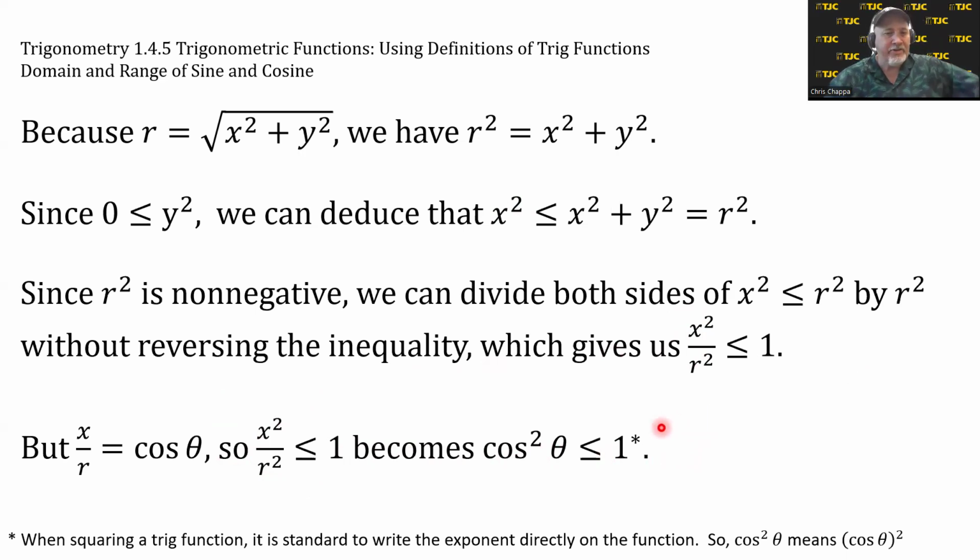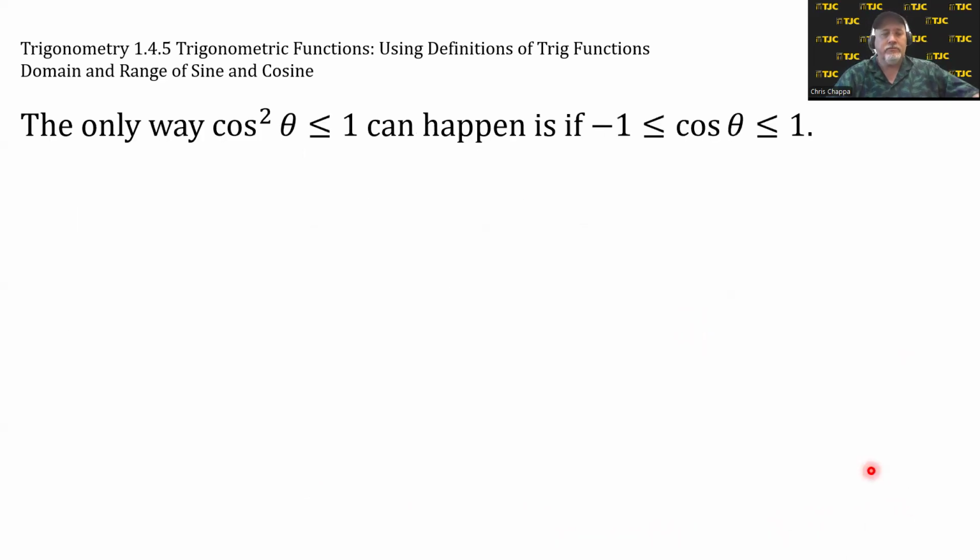And just a comment, when you square a trig function, it's standard to write the exponent directly on the function. So cosine squared theta means the square of cosine theta. But the only way cosine squared theta can be less than or equal to 1 is if cosine is between -1 and 1, inclusive. Think about it. Pick a negative number to the left of -1 and square it.